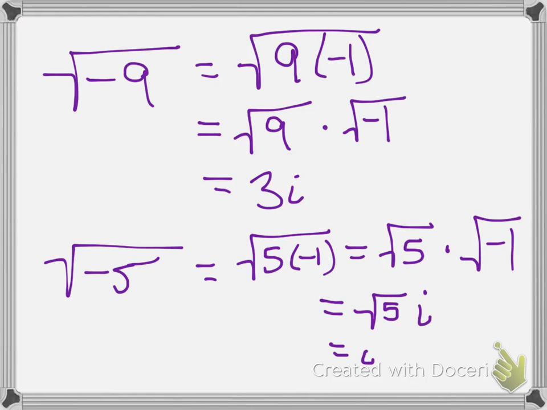Sometimes we like to write the i in front of the square root symbol, so it's not to be confused that the square root stops before it gets to the i. Sometimes people draw a little vertical line like that. So this is a basic manipulation when it comes to dealing with square roots of negative numbers that you should become comfortable with.